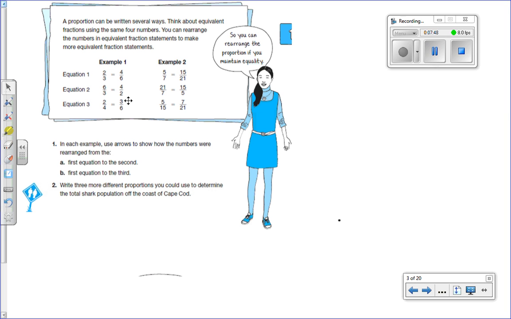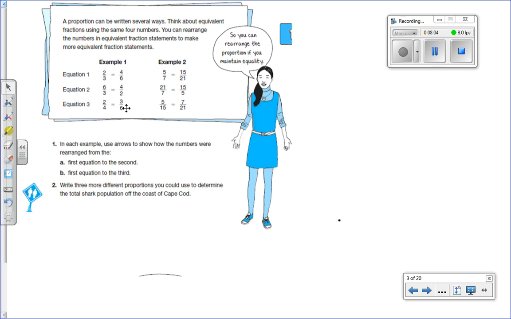So we have 2 and 3 together here, which represent the numerator-denominator combination in equation 1. Those need to be together. Remember, they either have to be together in a numerator position, together in a denominator position, or on top of each other.